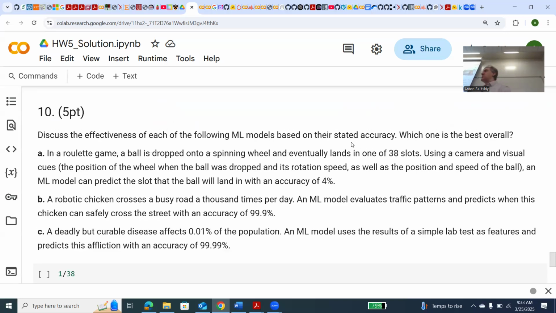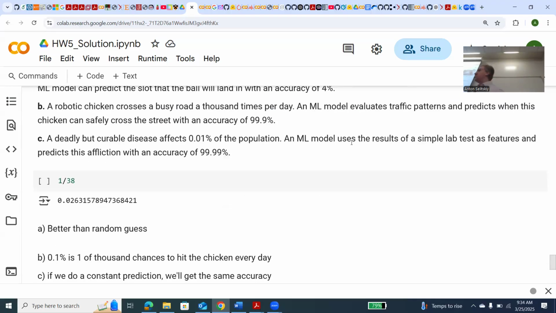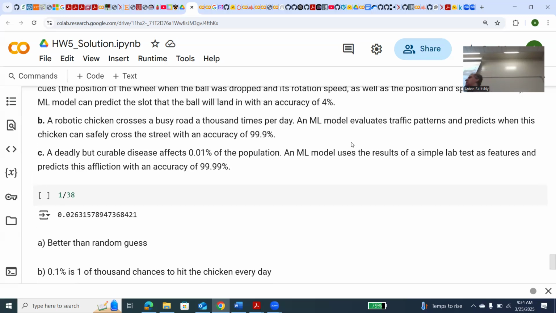And so the answer was A or B, because in case of A, if we calculate the probability, it will be 2.6%, and the model performance is 6%, so it's higher than random guess.